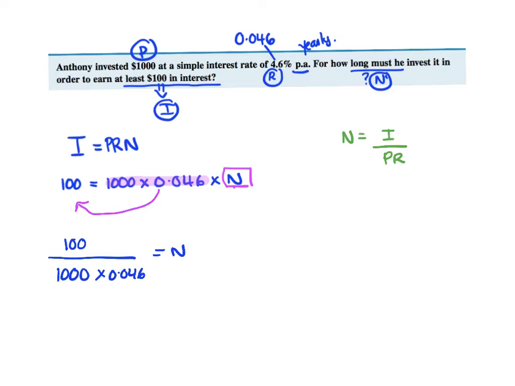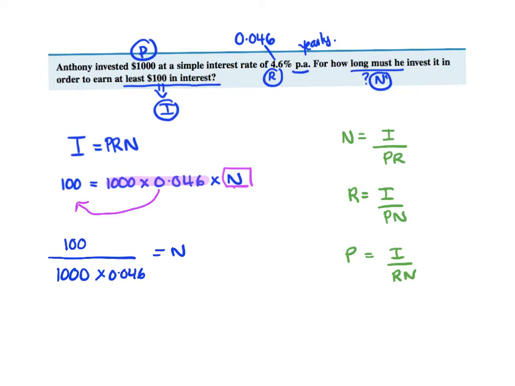If we're asked to find the rate and we have everything else, it'd be I divided by PN. If we're asked to find the principal, it'll be the interest divided by the rate and the N. Okay, so there's a couple of formulas.